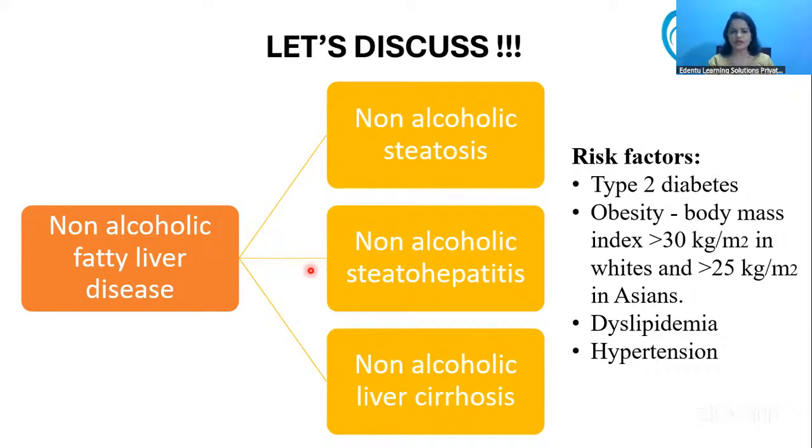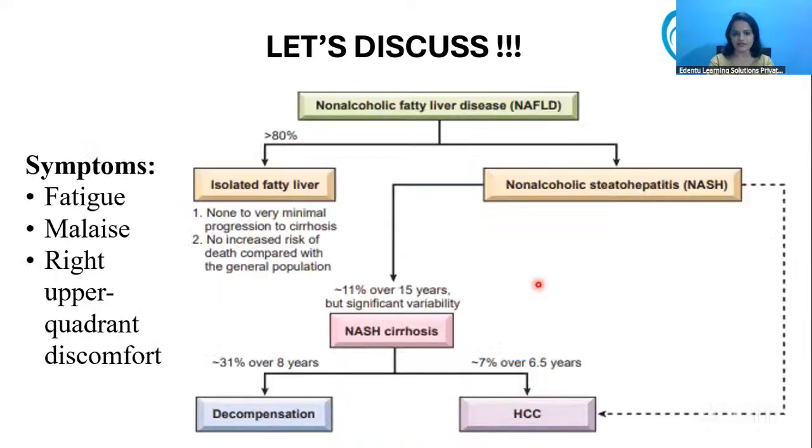The case will not be as serious or risky as alcoholic fatty liver disease, but still it can progress to cirrhosis. The main risk factors are type 2 diabetes, obesity, dyslipidemia and hypertension.